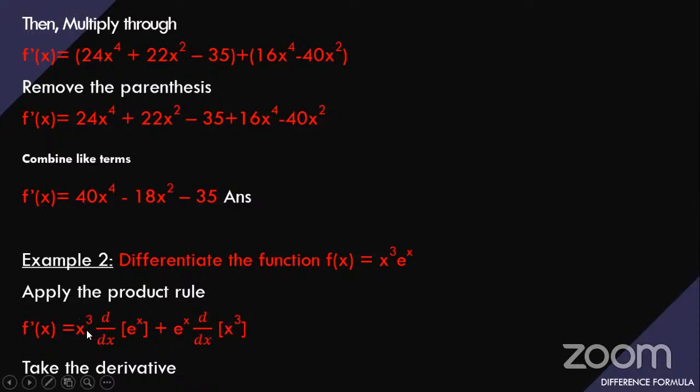So in this regard, we have x cubed, then d dx times e raised to the power of x plus e raised to the power of x, then d dx times x cubed.